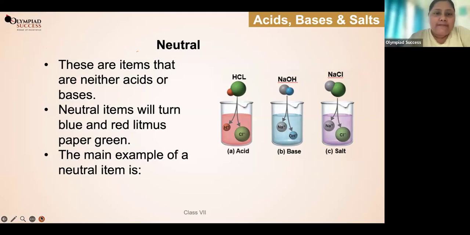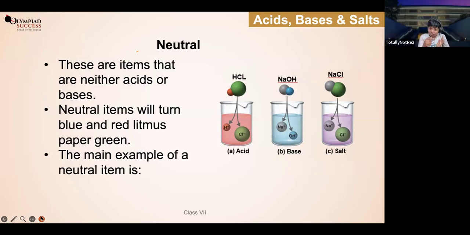Now, suppose you have a blue litmus paper and you add acid to it. What will be the color change?